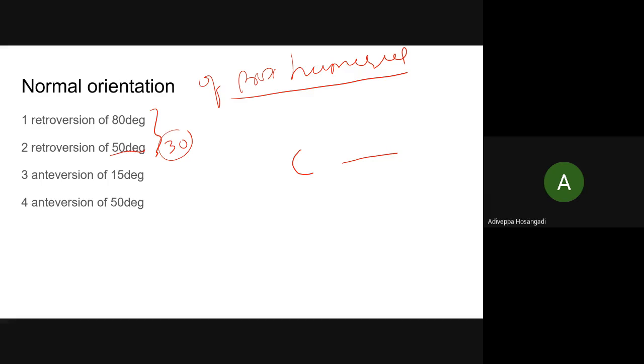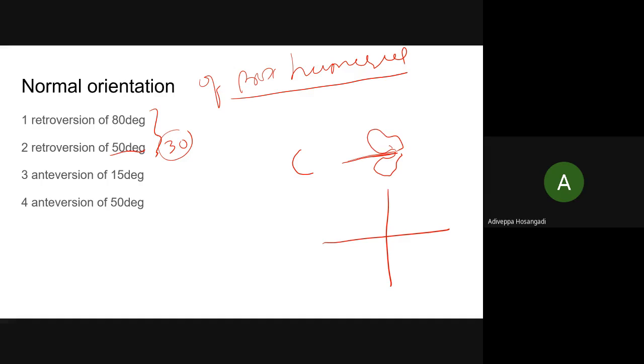You know the planes: sagittal, coronal, and horizontal. From the top, I hope I am able to make you understand. If the head of the humerus is anterior to the coronal plane, it is antiversion. If it is posterior to that, it is retroversion.